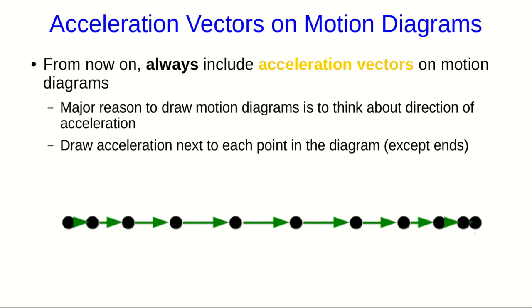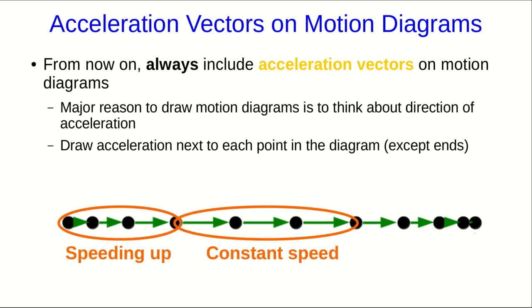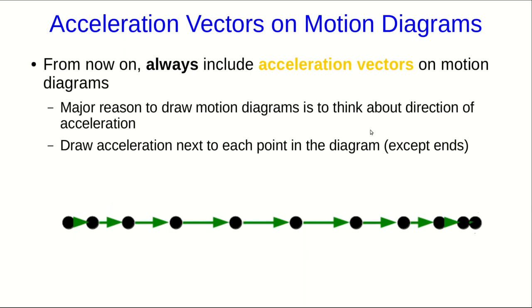Let me show you an example of the process of adding acceleration vectors to a motion diagram. So here we have a motion diagram, and if you look at it, I hope you notice that there's an initial part where this object is speeding up, a middle part where it looks like it's going at constant speed, and an end part where it's slowing down. I'm going to show you the reasoning for one point. I'll pick this point.